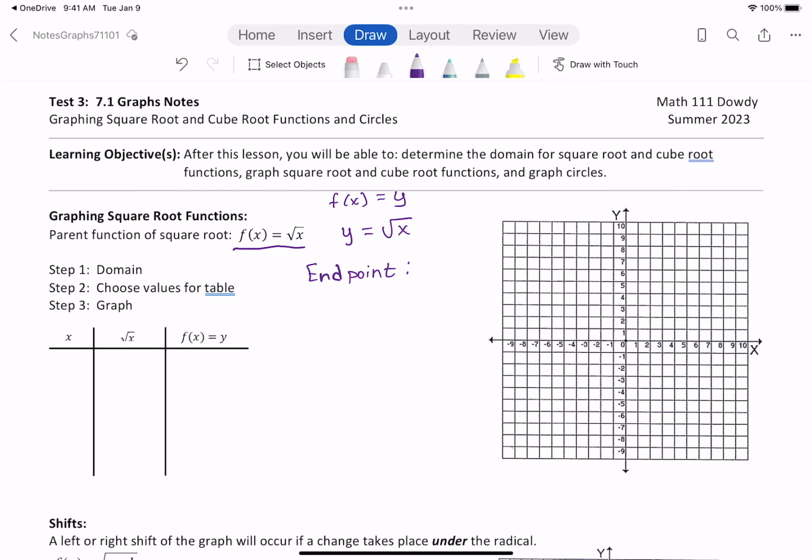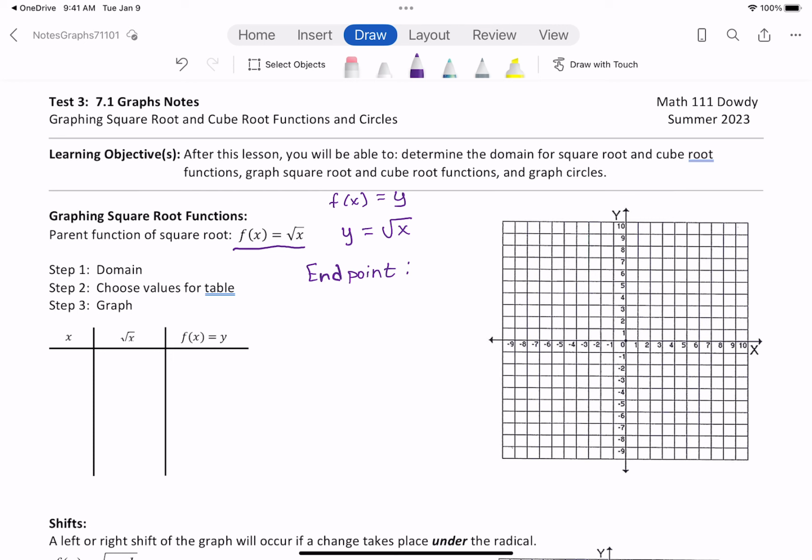So we can take the square root of 0, we can take the square root of 1, we can take the square root of 10. 10 is not a perfect square, but it still has a square root. So basically anything 0 or bigger. The only thing we can't take the square root of is something that's negative, okay?